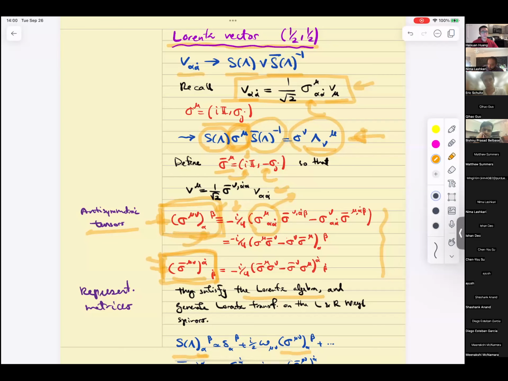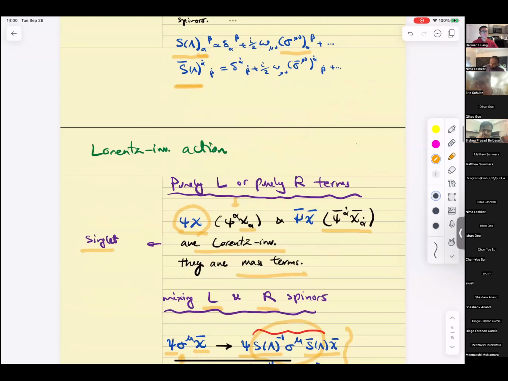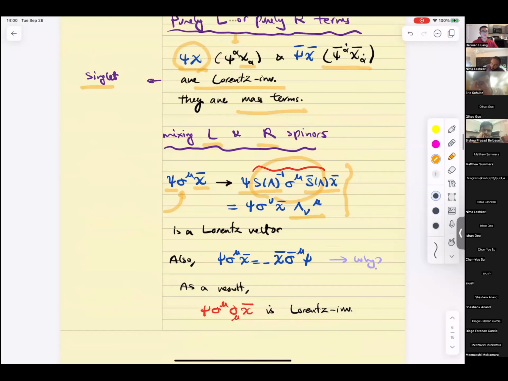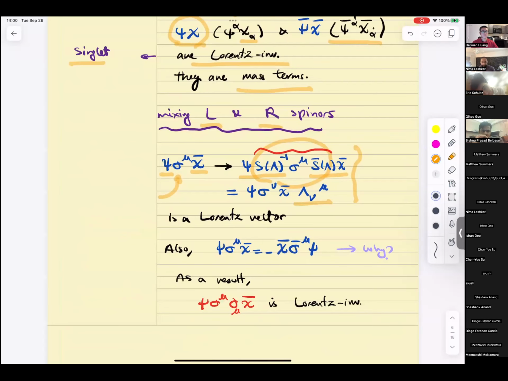This is the equation that tells you how sigma mu transforms. Putting all of this together, I misspoke, sorry. From this, you learn that this is a Lorentz vector, because it transforms like a Lorentz vector.